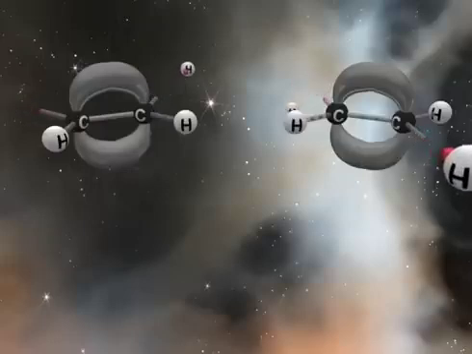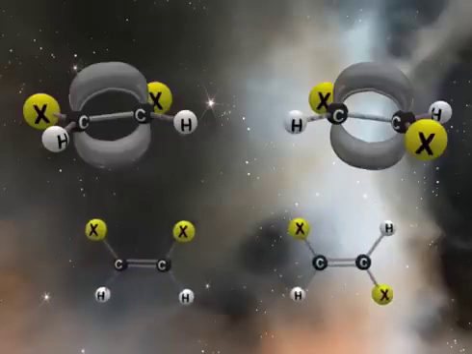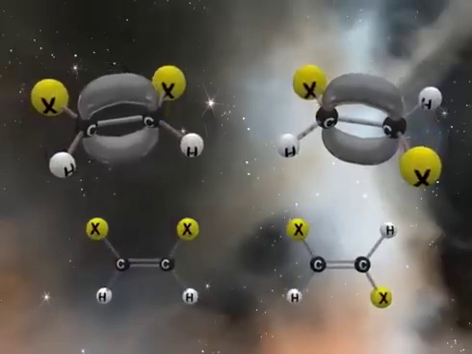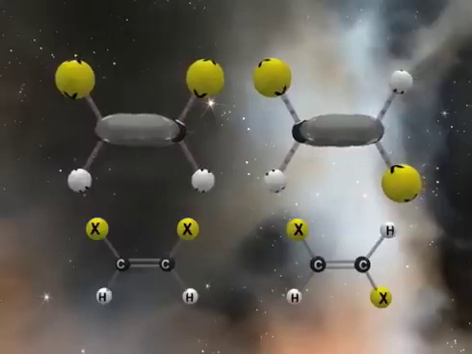Understanding the pi bond helps us realize why geometric isomers are isolable. Geometric isomers have the same gross connectivity, but differ only in how the groups are oriented in space due to hindered rotation about the doubly bonded carbons.